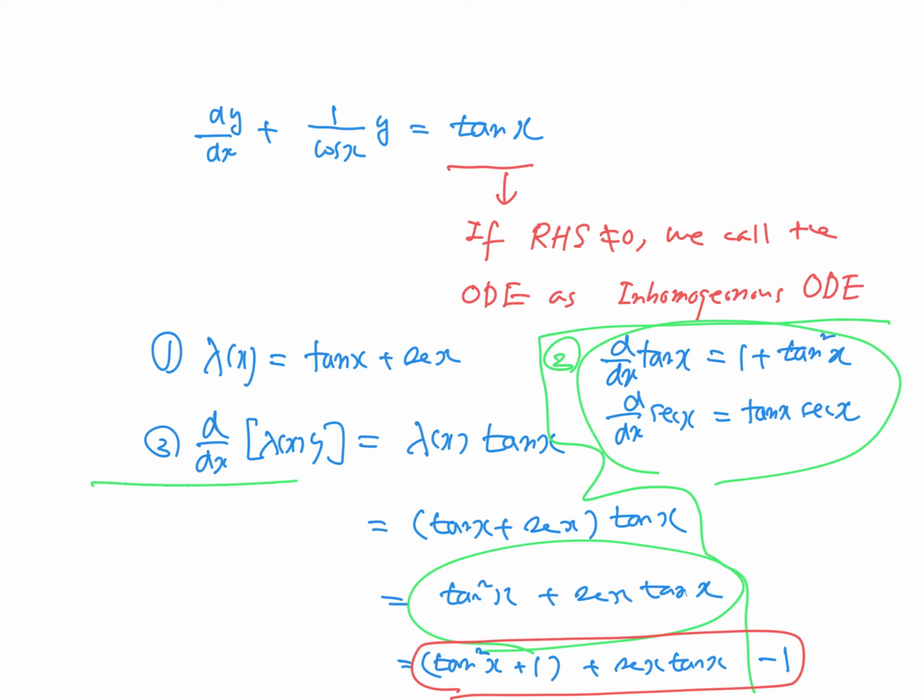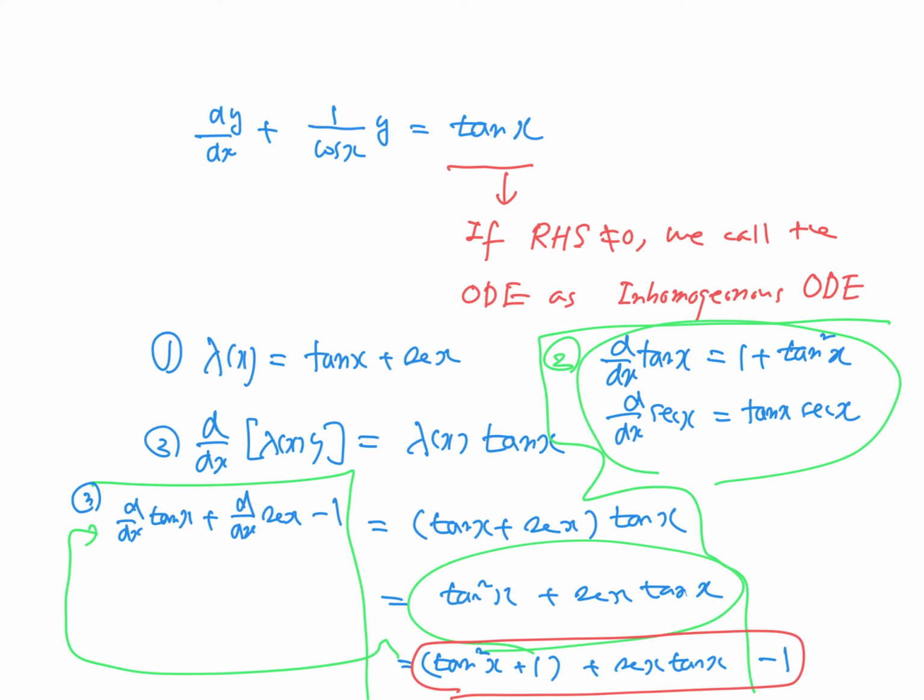This is 3. Then this becomes d/dx of tangent x plus d/dx of secant x minus 1, right?